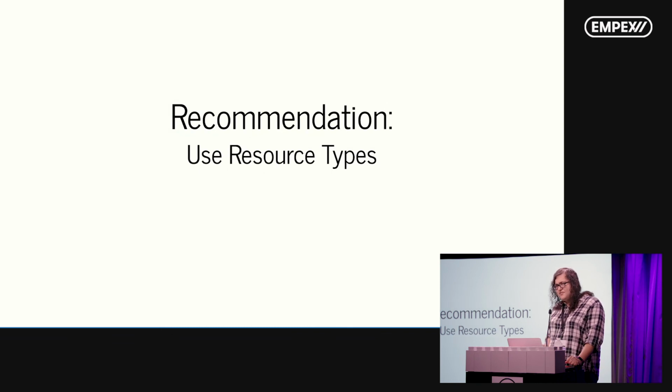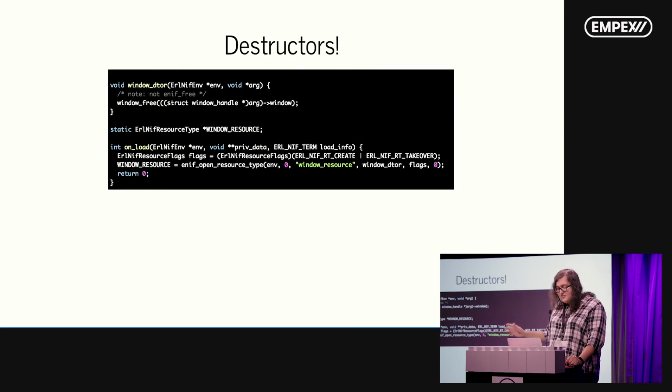And in recent versions of Erlang, they've added this notion of resource types, which are kind of first-class citizens in the Erlang type system and do some checking to see if the data that you got back from your NIF is the same as the data that you're passing into your NIF. And it lets you register a destructor so that when the Erlang VM thinks nothing is going to be using your Erlang term anymore, it's safe to delete the C memory associated with it.